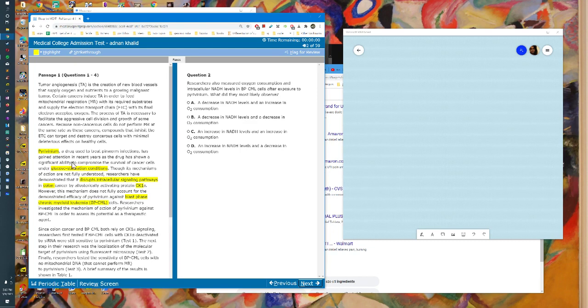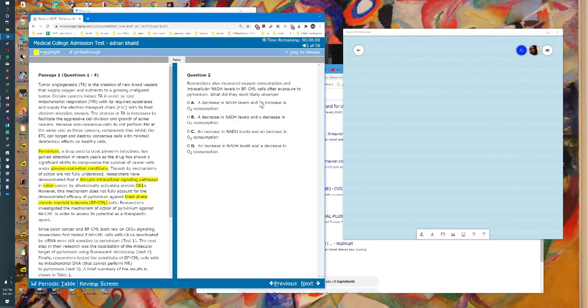So the mechanisms aren't completely known. We know that in colon cancer, it disrupts intracellular signaling pathways by allosterically activating this protein over here. But we don't know how it works with BPCML. That's what we are going to try to figure out.